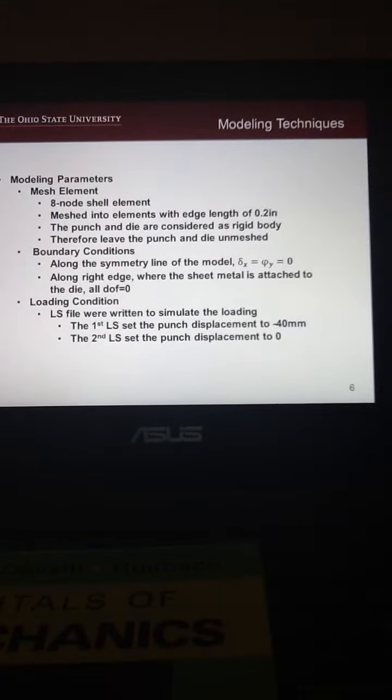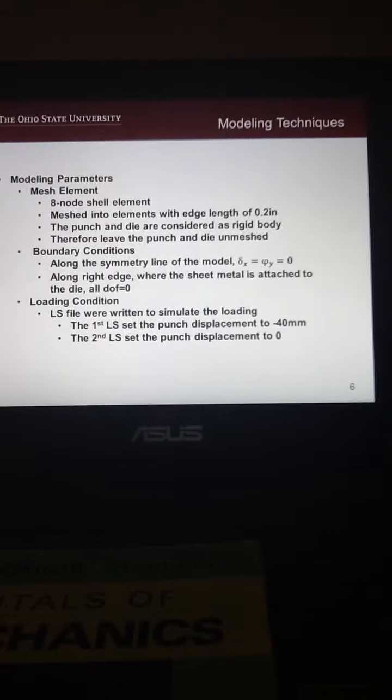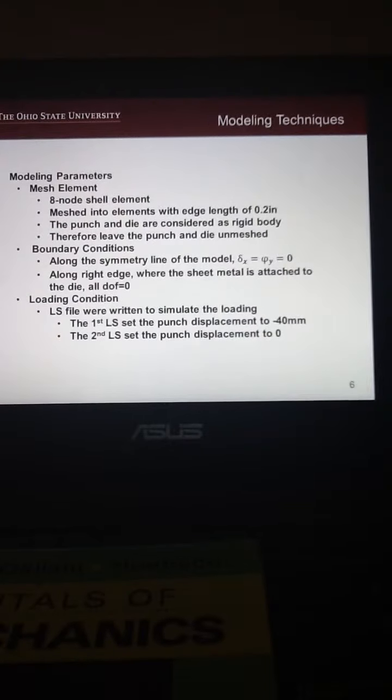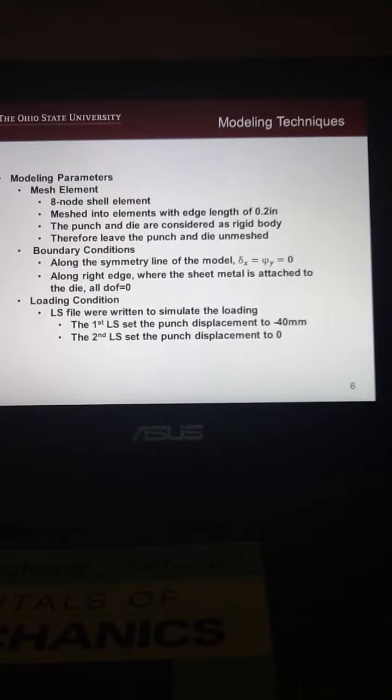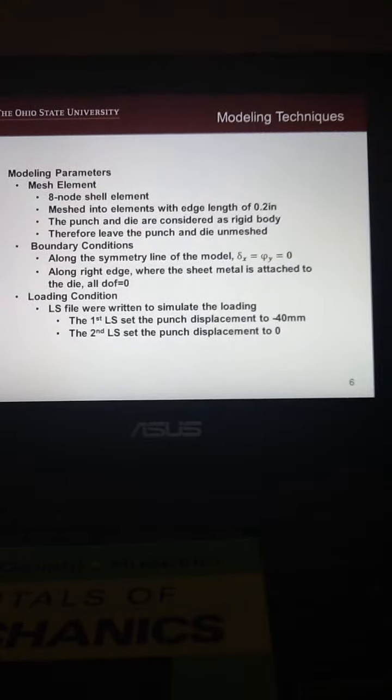In terms of loading conditions, I use an APDL file to simulate the loading. In the first load step, we set the punch displacement to minus 40 millimeters. For the second load step, we set the punch displacement equal to 0.